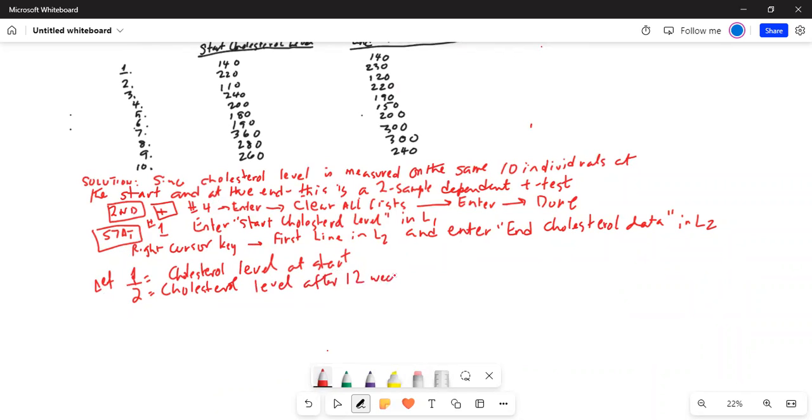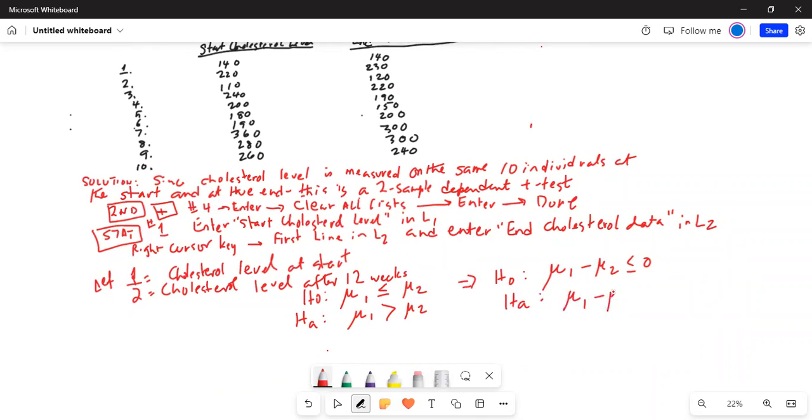As per the suggested hypothesis test, HA is mu1 greater than mu2 and H0 is mu1 less than or equal to mu2. This translates to H0: mu1 minus mu2 less than or equal to 0, and HA: mu1 minus mu2 greater than 0.